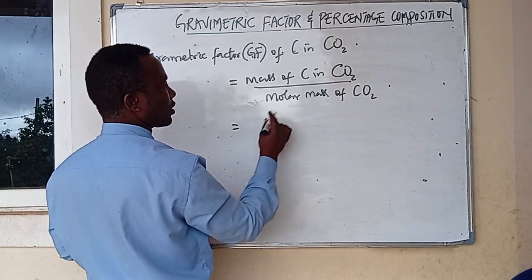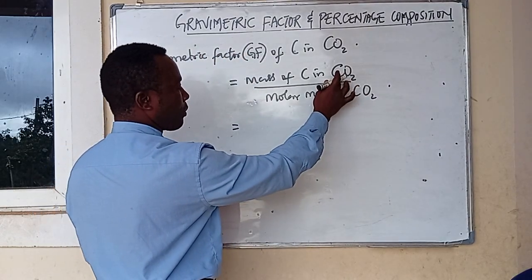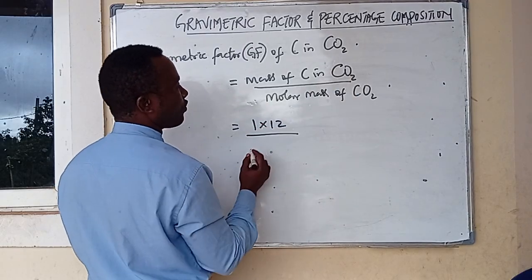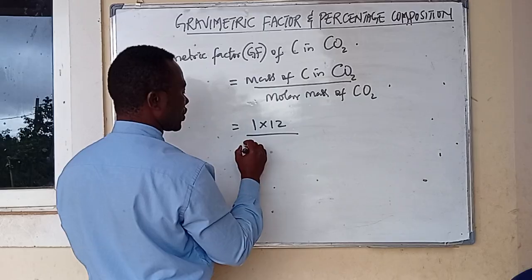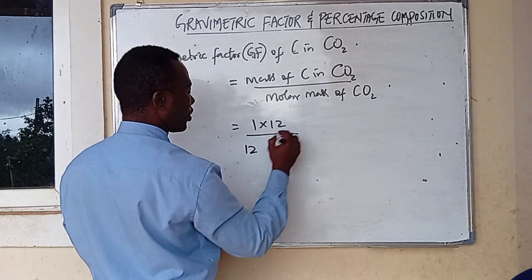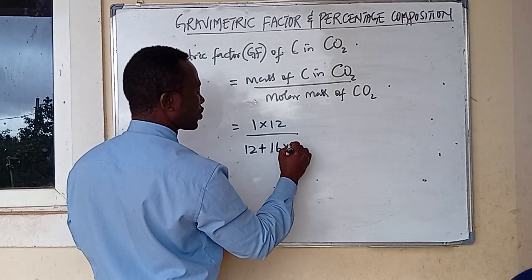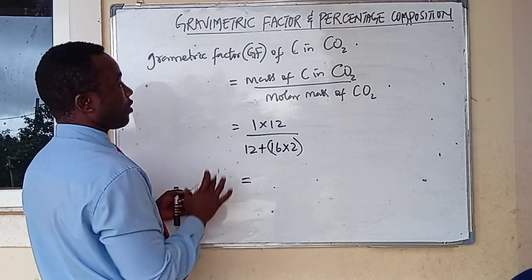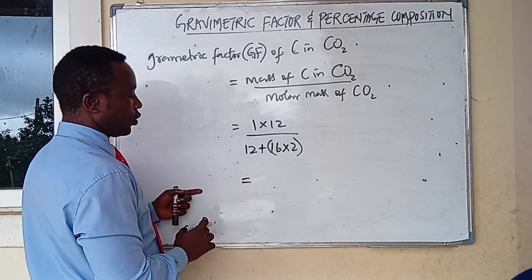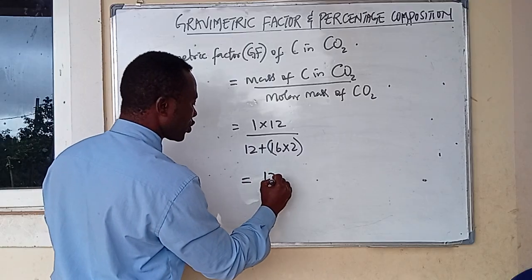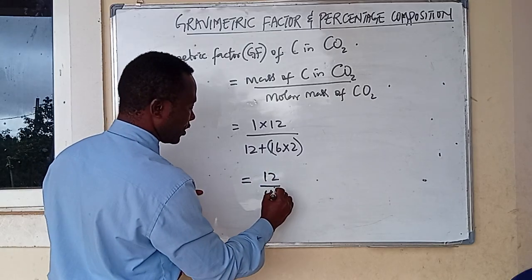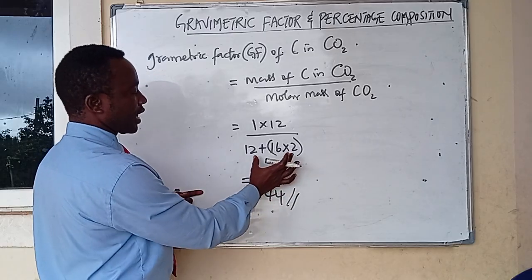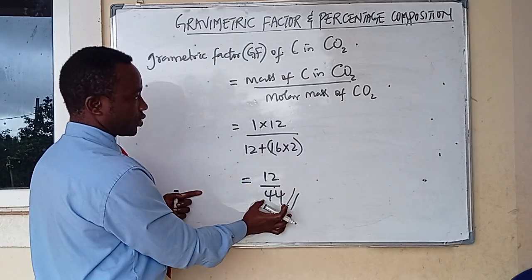So the mass of carbon, how many carbon do we have here? 1 carbon. 1 times the molar mass of carbon, which is 12, over the molar mass of CO2, which is 12 for carbon plus 16 times 2 for oxygen. So the gravimetric factor of carbon in CO2 will be equal to 12 over 44. So that will be the answer. You can see that this plus this will give us 44.